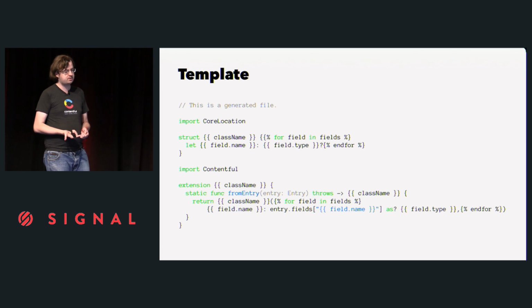We know the types from the content model; it's just nothing that the Swift compiler knows. And we create an extension on this type with a static function that basically works like what we saw from Decodable.